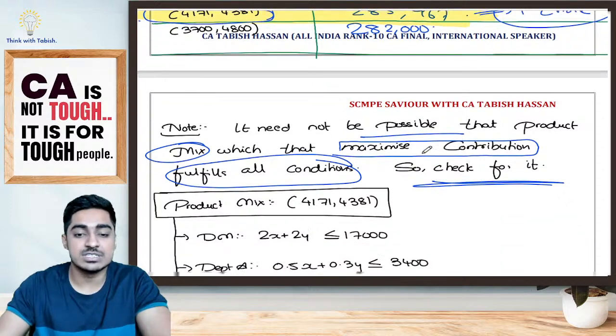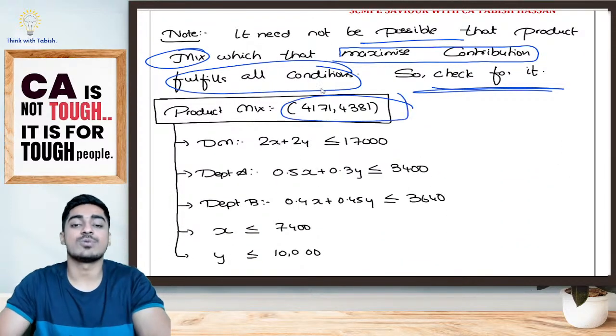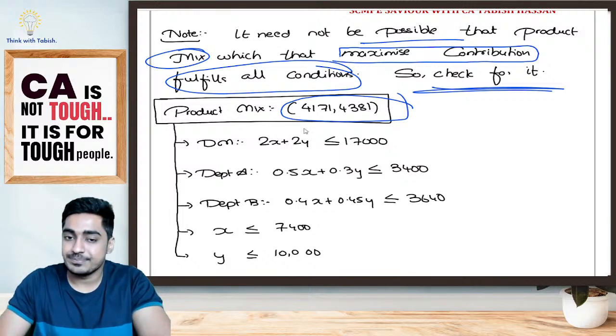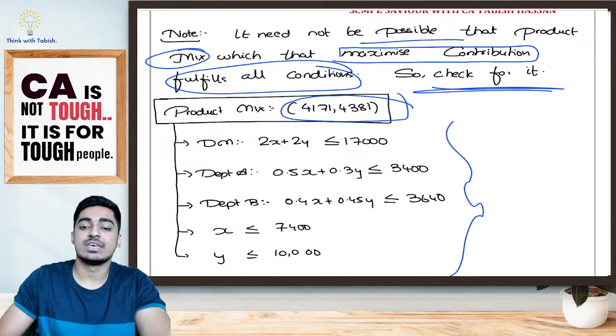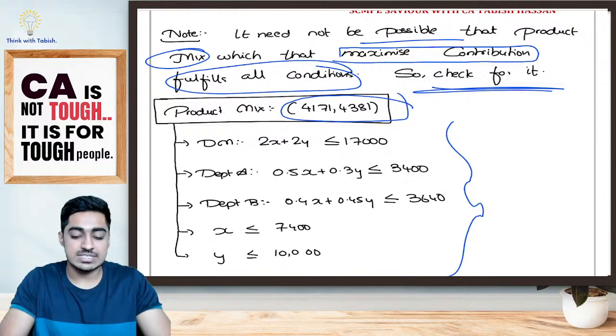So what was our first product mix? We said we will plan to produce 4,171 units of X, 4,381 units of Y. So these are the conditions we have. We will see if they are fulfilled or not. If we are producing 4,171 units of X, for every unit we want 2 kg raw material. 4,381 units of Y, for every unit we want 2 kg raw material.